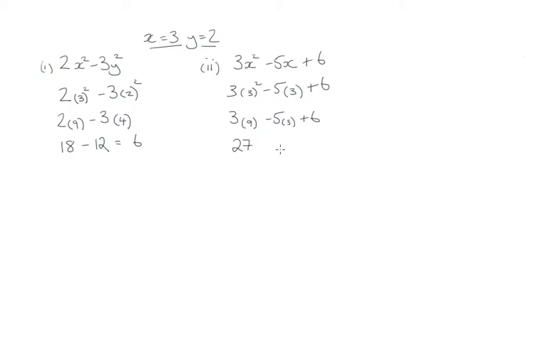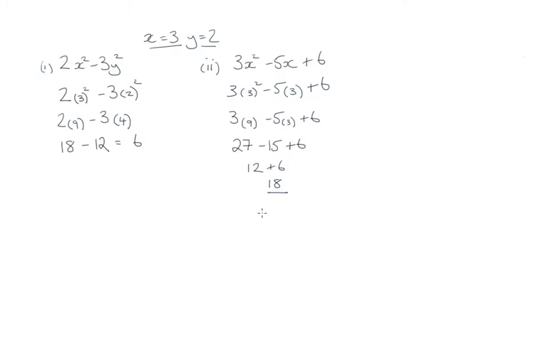Now it's minus 5 multiplied by 3, so it would be minus 15 plus 6. So what I'll do is I'll subtract 15 from 27 first, and that will give me 12. And then plus 6, so the answer is 18. So I have evaluated this expression here.